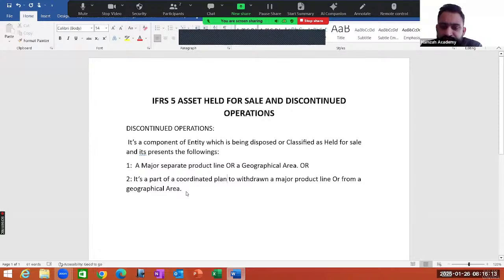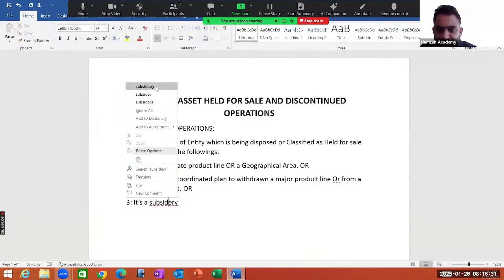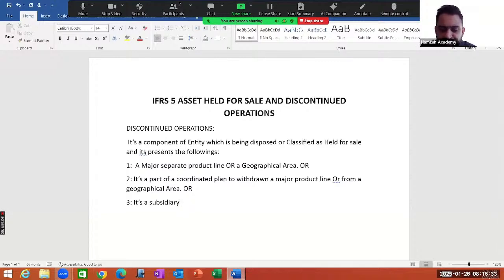Or number three, it is a subsidiary acquired with a view to resale.